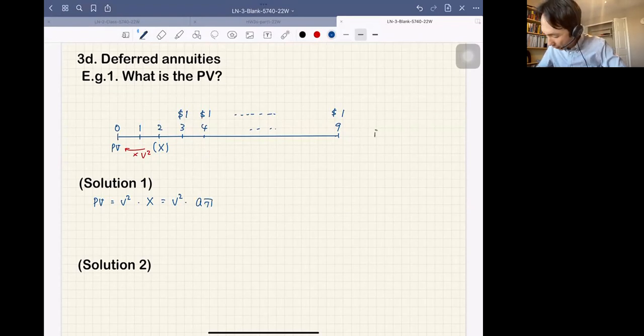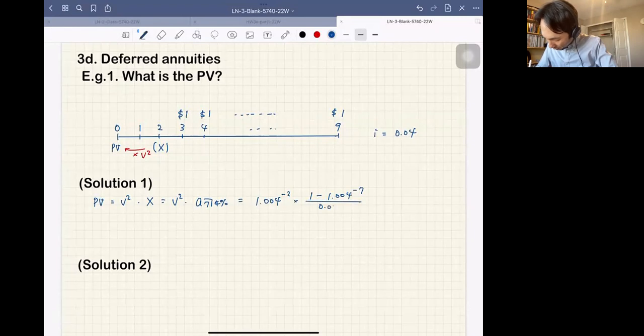So suppose i is equal to 4%. So this is equal to 1.04 to the negative second power times the a-angle, so 1 minus 1.04 to the negative 7 over 0.04.